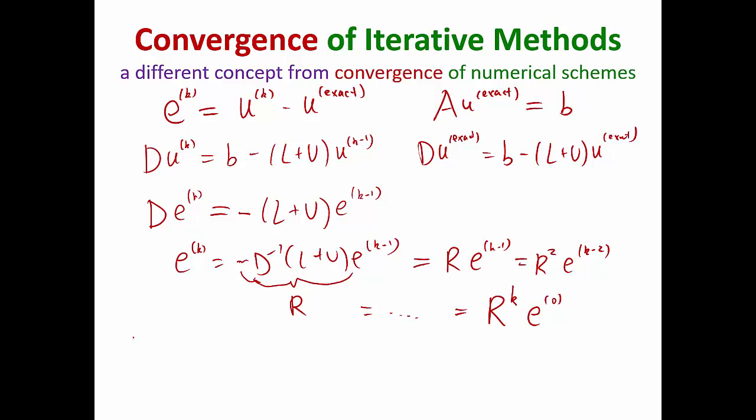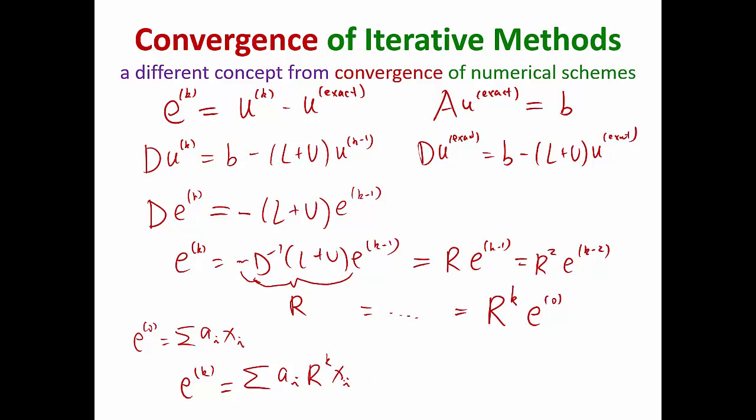So if I can expand e0 into a summation of ai times xi, where xi are the eigenvectors, then my ek would be equal to what? The summation of ai times R to the k power times these xi's.